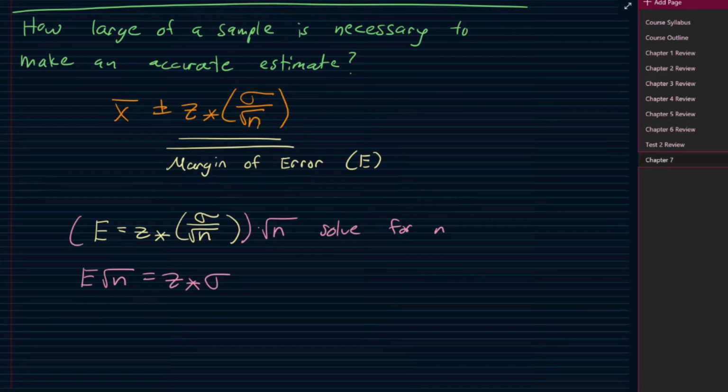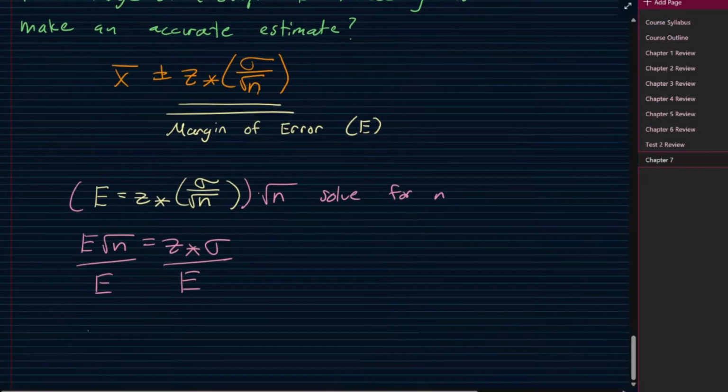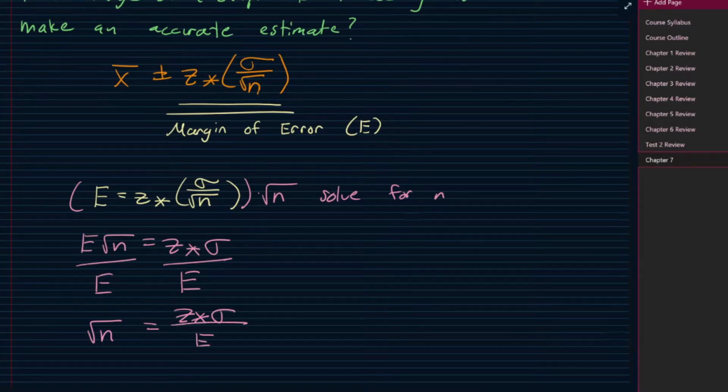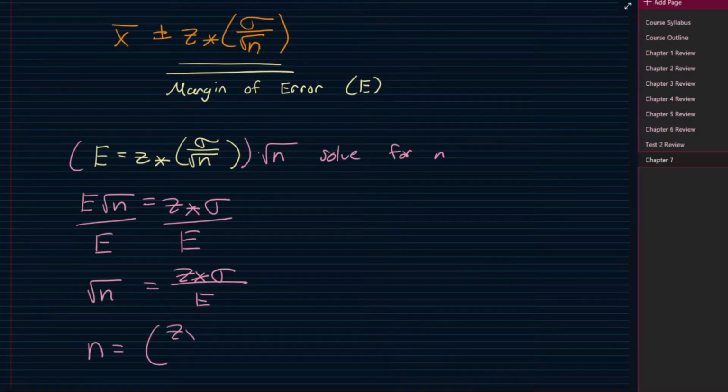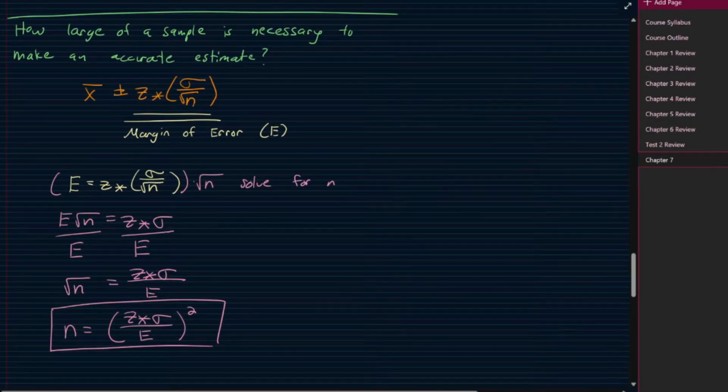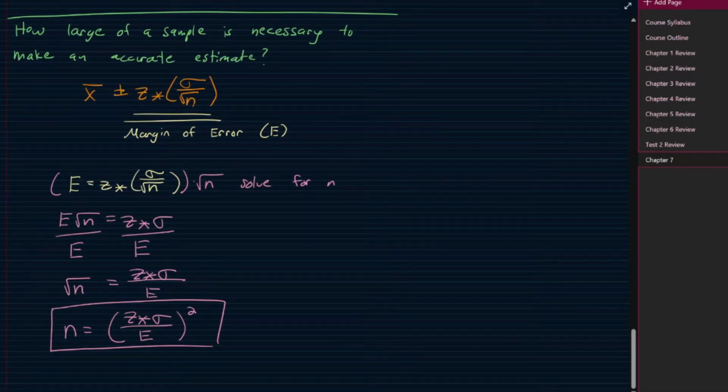We can divide by E next, giving us that the square root of n is z star times sigma over E. And then we can square each side. So we get n is z star times sigma over E, squared. This is how big of a sample is necessary to get however accurate of an estimate you're looking for.